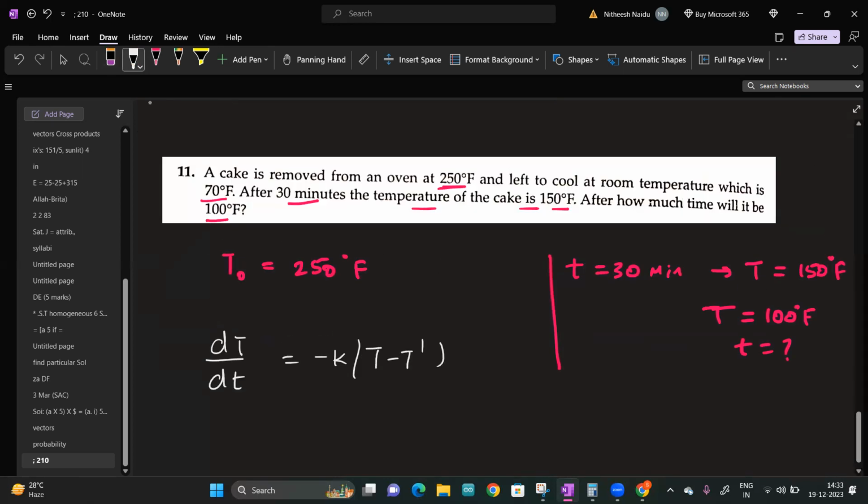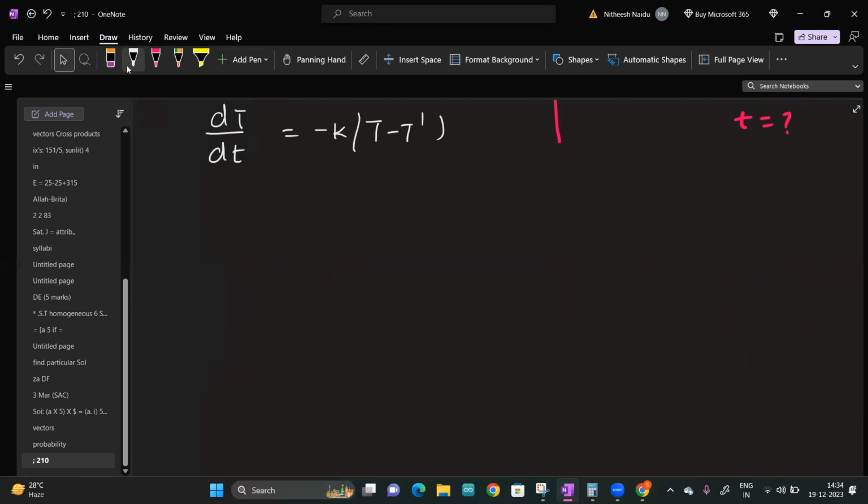Room temperature. What is the room temperature in the question? Look at this here. Room temperature, which is 70 Fahrenheit. So room temperature is T', it is 70 Fahrenheit. Okay, now use these values to get the answer.